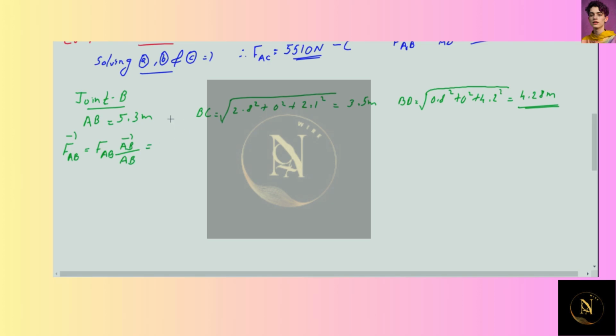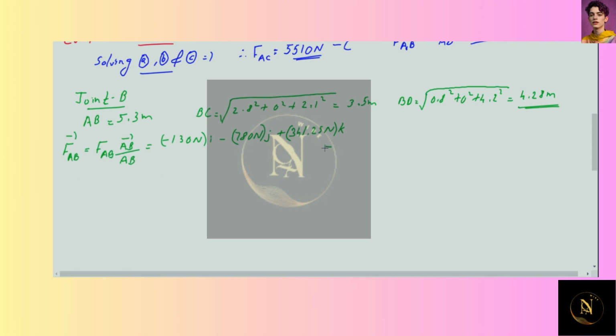We know the values, so that gives us minus of 130 Newton along I, minus 780 Newton along J, plus 341.25 Newton along K.